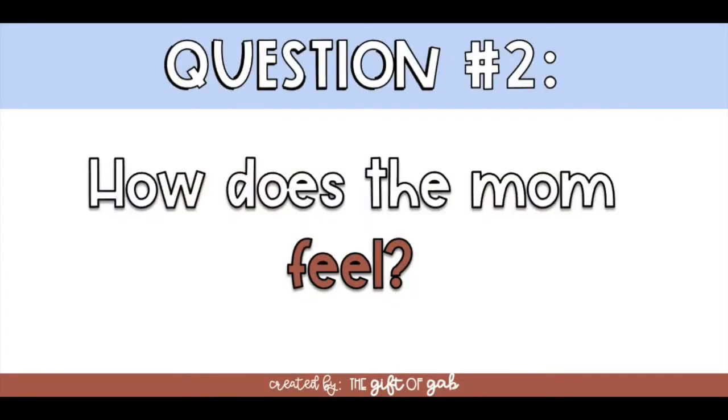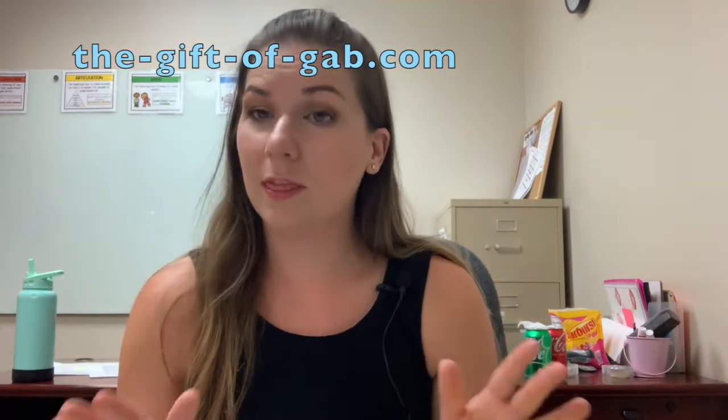The second question, how does the mom feel? This also works some on perspective taking. It also works on emotional literacy. Mostly in this particular book, the mom probably feels angry because David makes a lot of messes, and David is a little bit, I won't say disrespectful, but they're working on some things, and it probably does make the mom feel angry. That's okay.